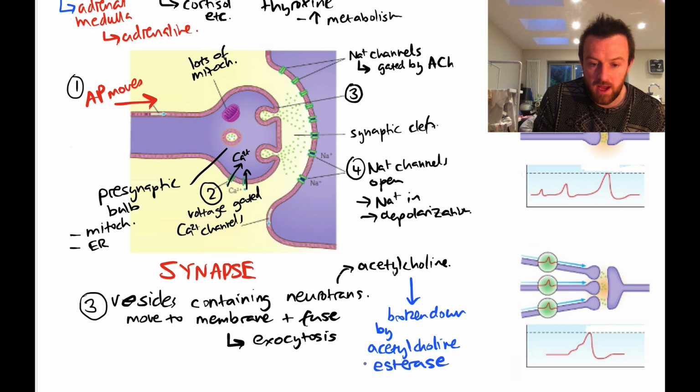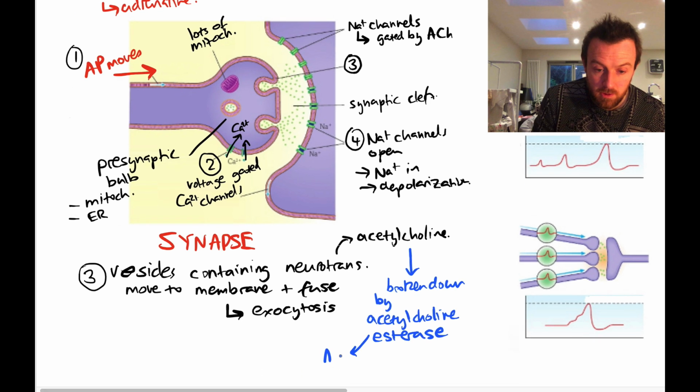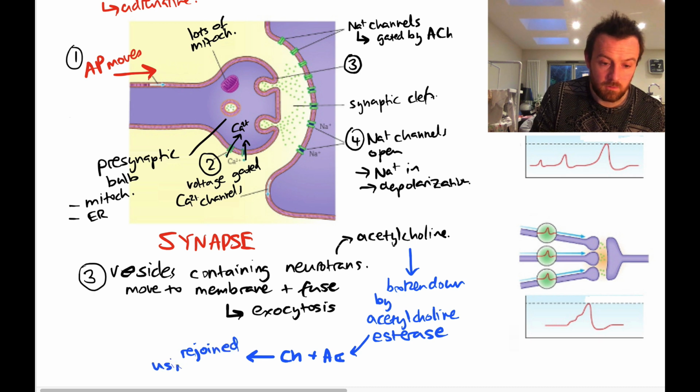So how do we draw that? Okay, so let's say we can do the acetyl part plus the choline part. This is me saying esterase breaks down to the acetyl part and the choline part, but they can be rejoined using ATP.